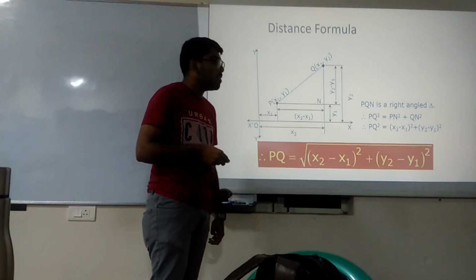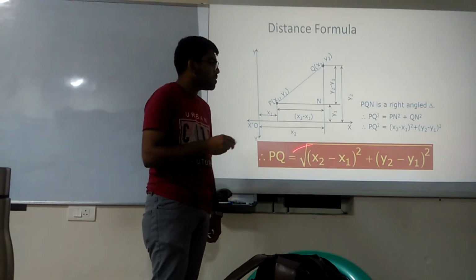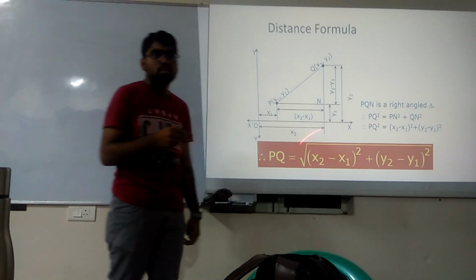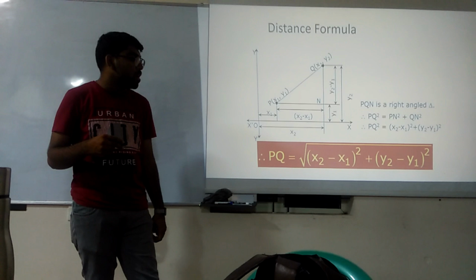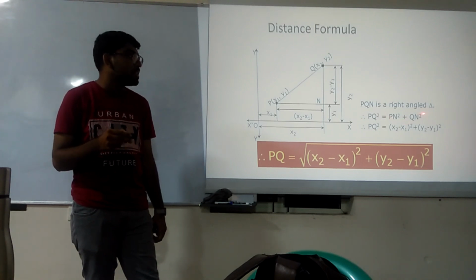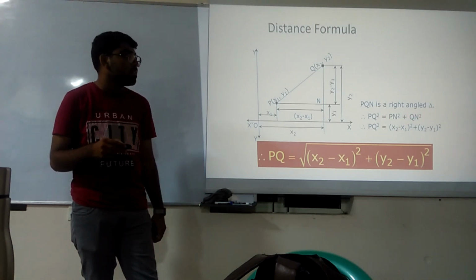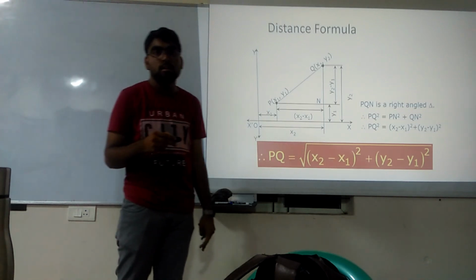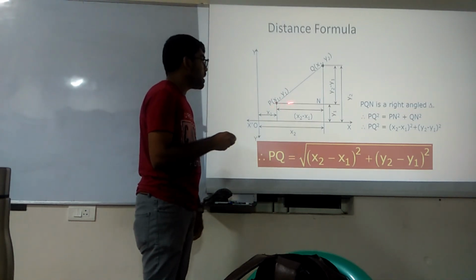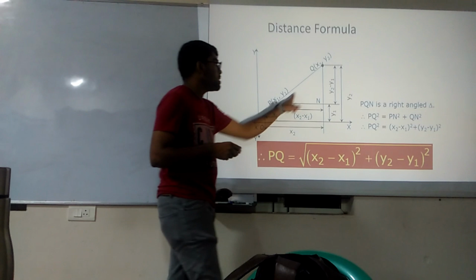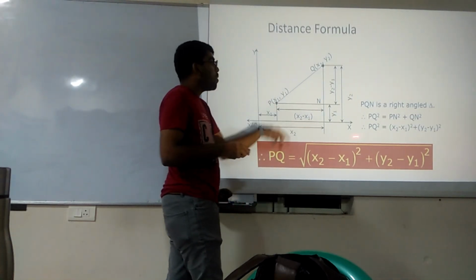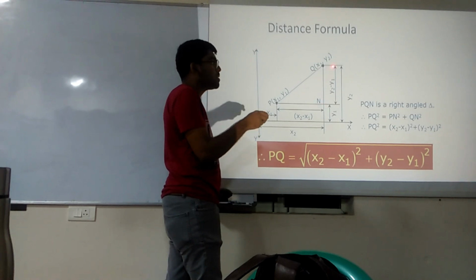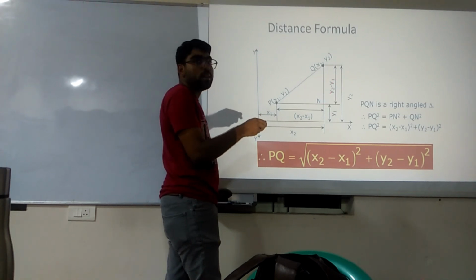What does this mean? With your knowledge of triangles, what is this formula? PQ square is equal to PN square plus QN square. Pythagoras theorem, right? This is a right angle triangle. You can see a right angle triangle here. What is this distance? y2 minus y1.